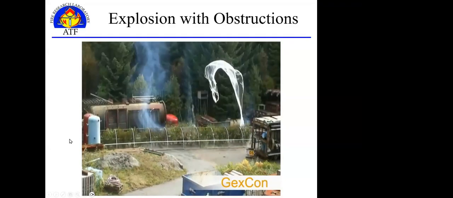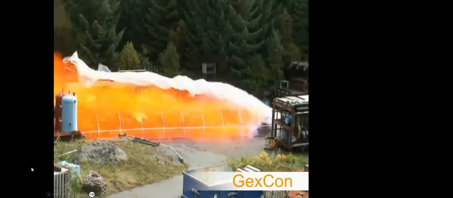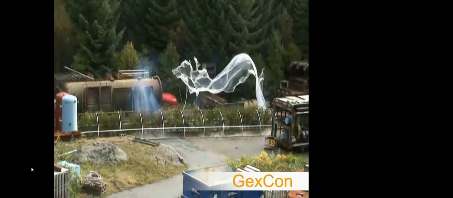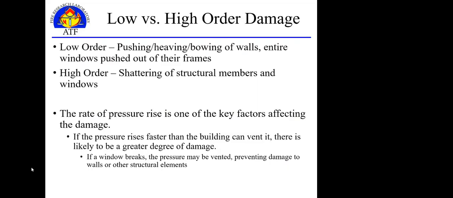That's basically a bunch of little trees down the center of that tunnel. We'll play that again. So, just my rough estimate, that's probably at least twice as fast as that prior reaction or explosion.